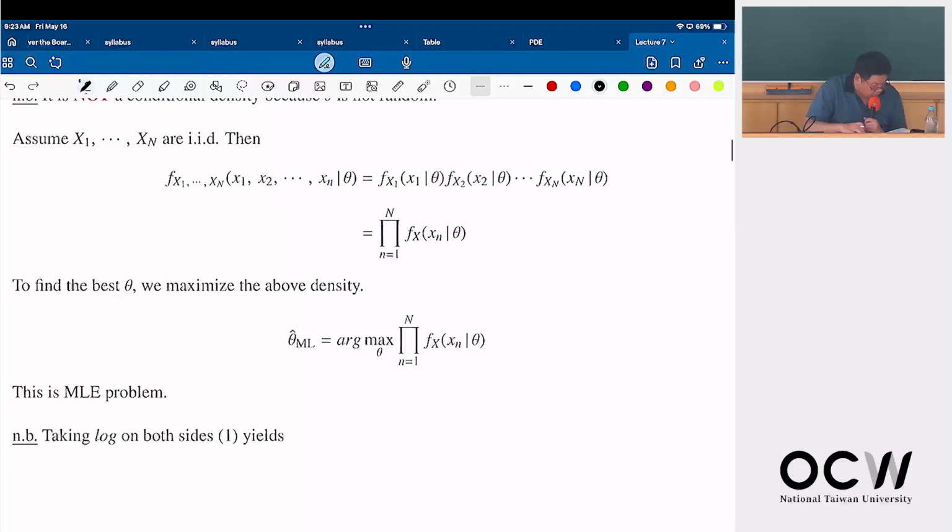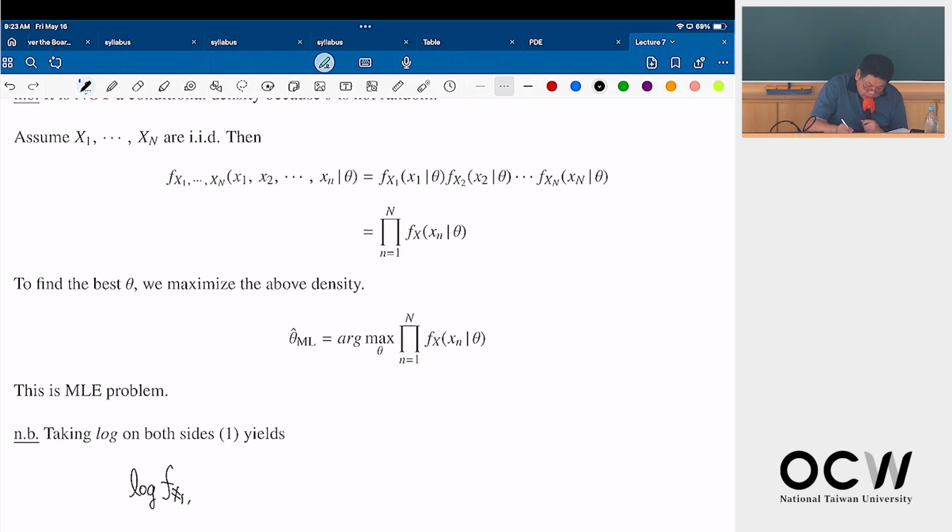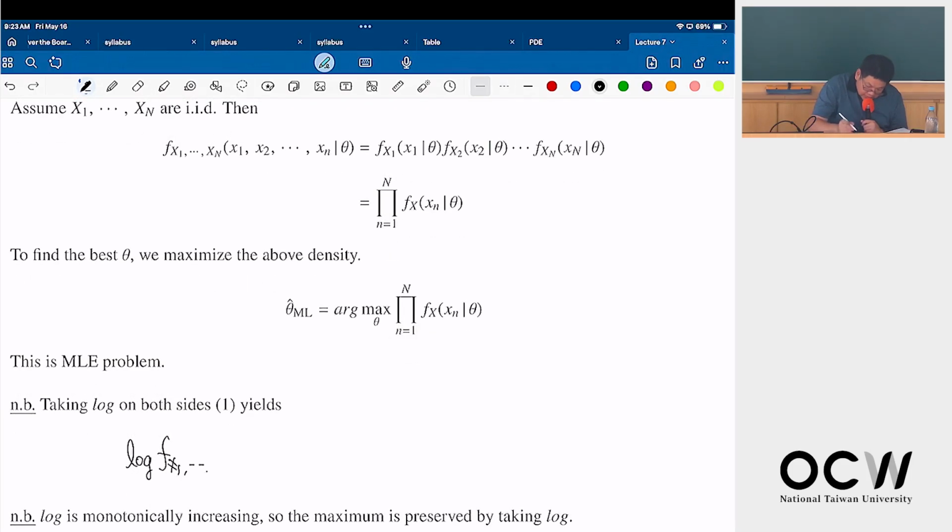After I've taken the log on both sides, the left-hand side is log of the joint density of x1 to xn, and we have theta. We just put that semicolon.